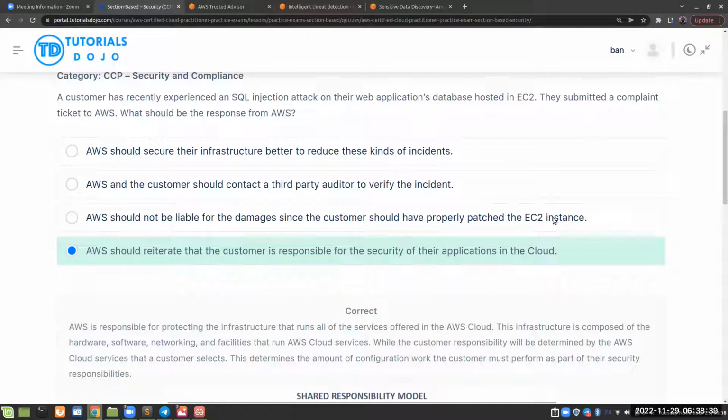So if you don't know how to configure your applications to avoid attacks, and something happens, you can't be blaming AWS for not doing it. You are the one who doesn't know how to use the AWS services. AWS should secure the infrastructure better to reduce these kinds of incidents. This doesn't have anything to do with the infrastructure.